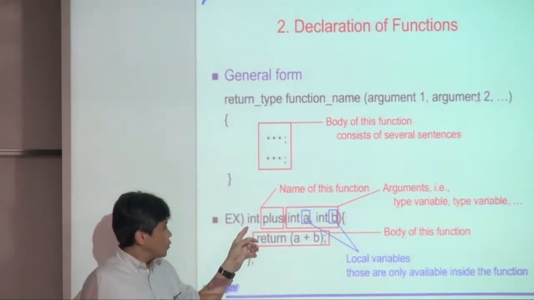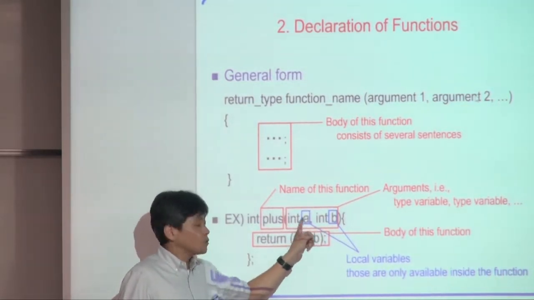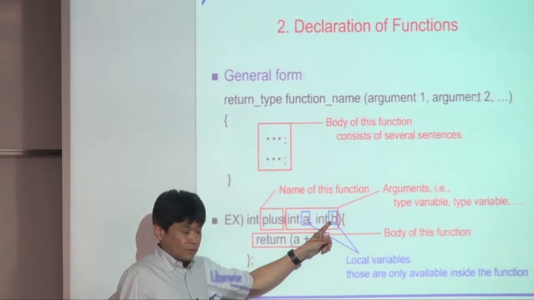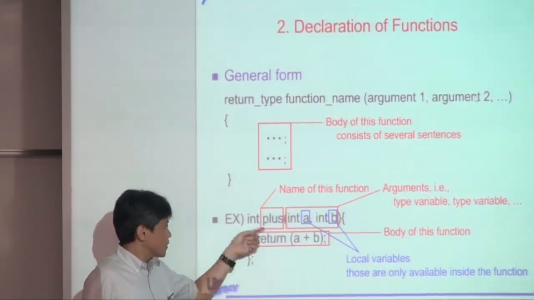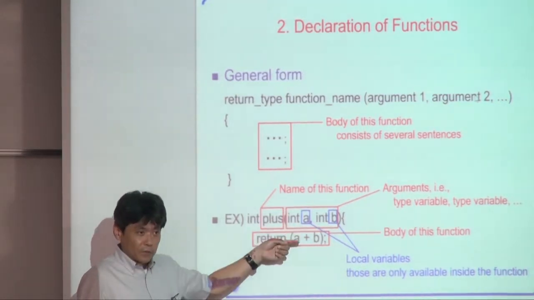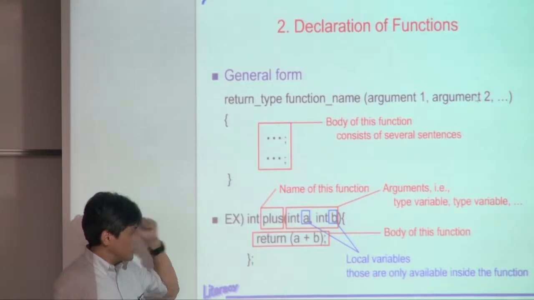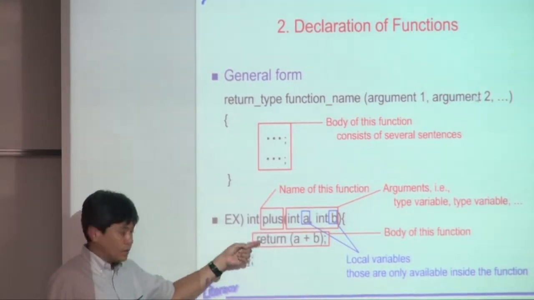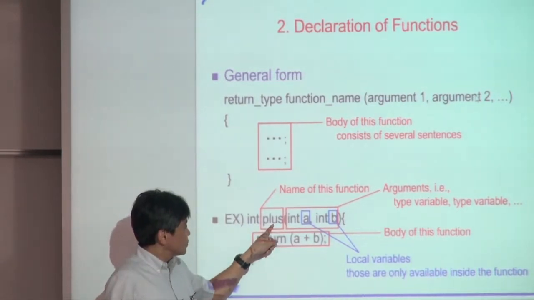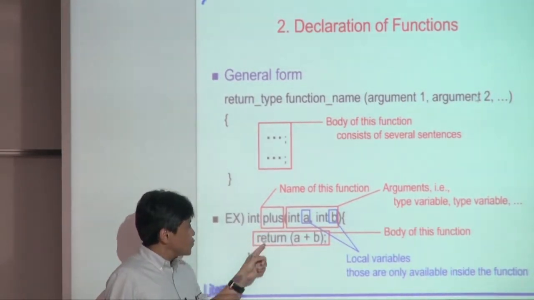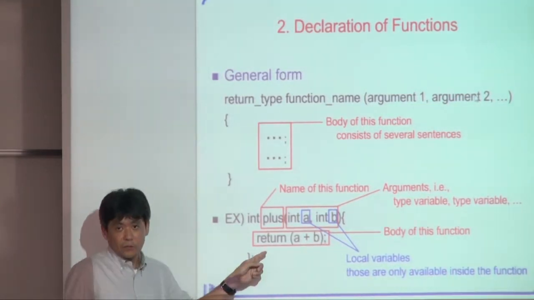Besides these arguments, you can also define local variables inside the function, which are also only available inside the definition of the function. This is a very simple function, plus, which returns the value A plus B as its return value.